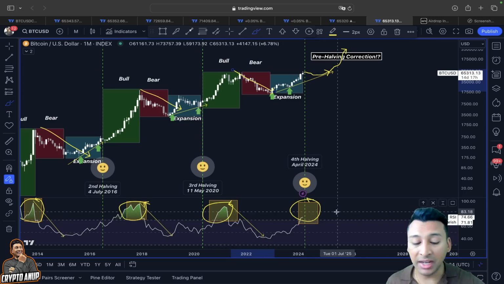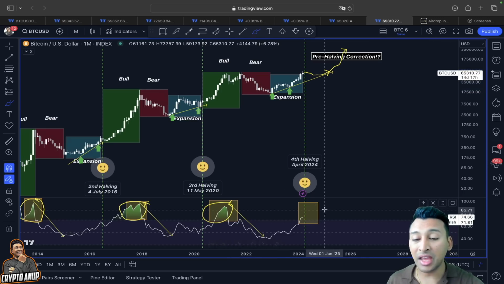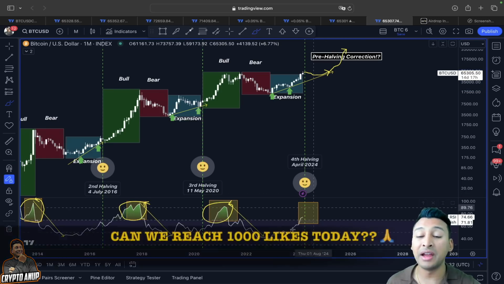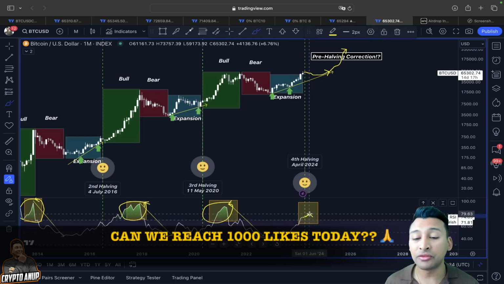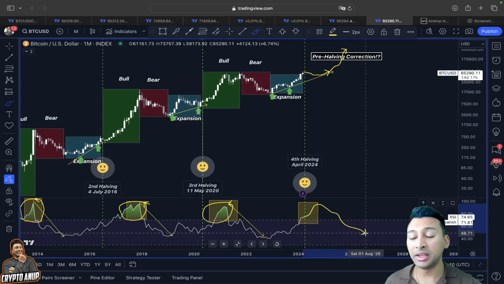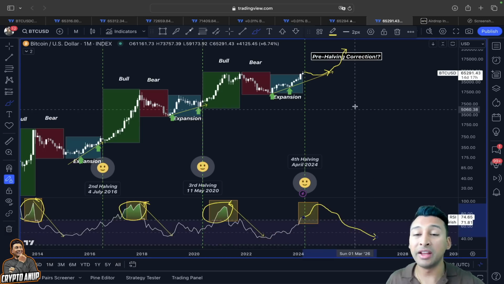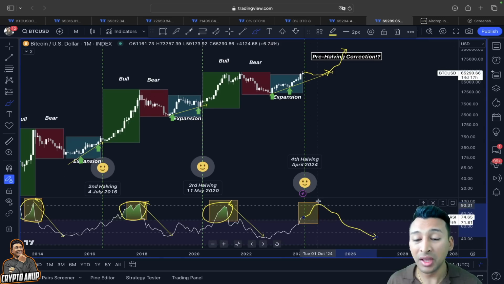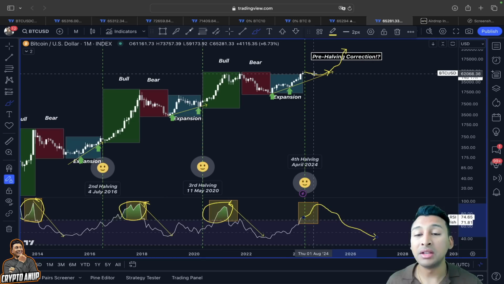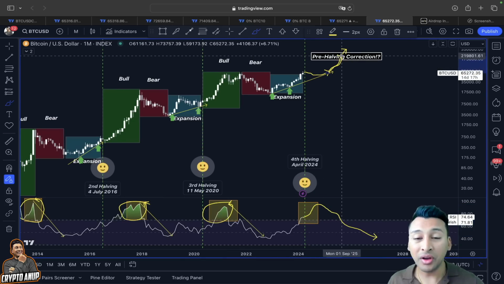If you look at it right now, this RSI line is just around 74.75. We still have plenty of room until this RSI line gets overbought and then slowly heads towards this oversold area. So until this RSI line starts flashing green like this, there will be more impulsive moves for Bitcoin.